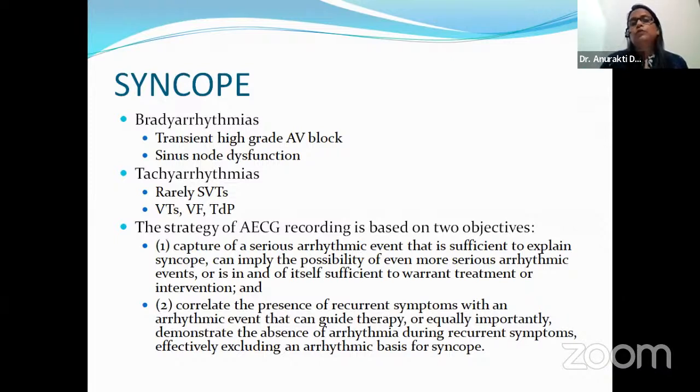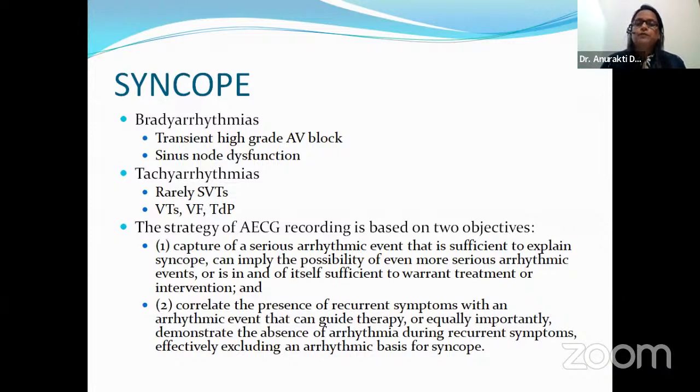Among bradyarrhythmias, transient high-grade AV block, which is not seen on your ECG, can be picked up on AECG. If there is a sinus node dysfunction of any kind causing syncope, that can also be found on ambulatory electrocardiographic monitoring.